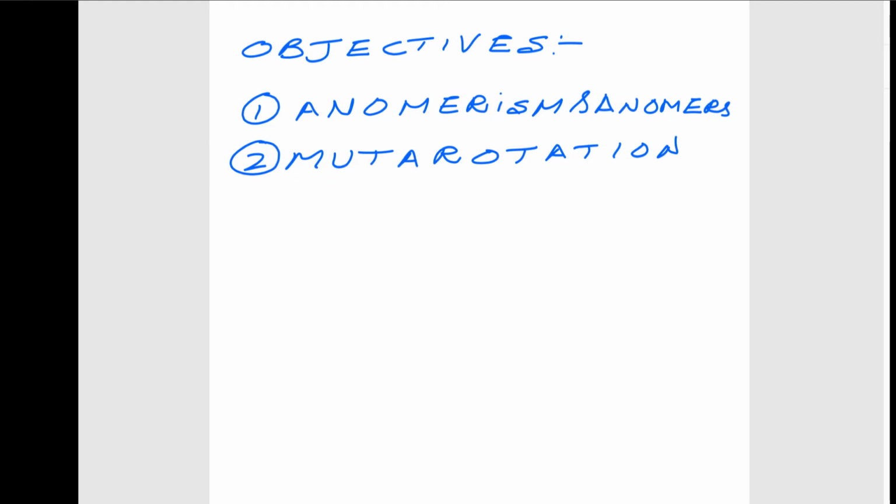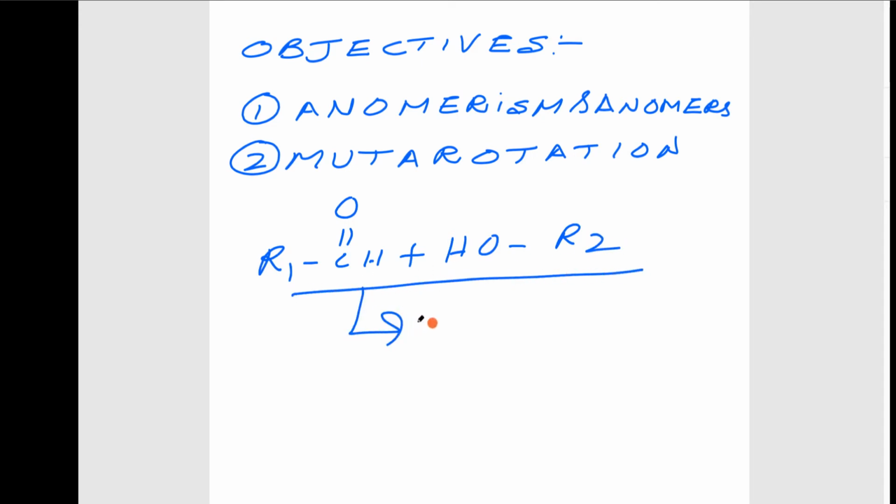Here is the aldehyde group, and here the alcohol. These two can react and lead to the formation of hemiacetal. The linkage between an aldehyde and an alcohol, the intramolecular arrangement, is what we call hemiacetal.